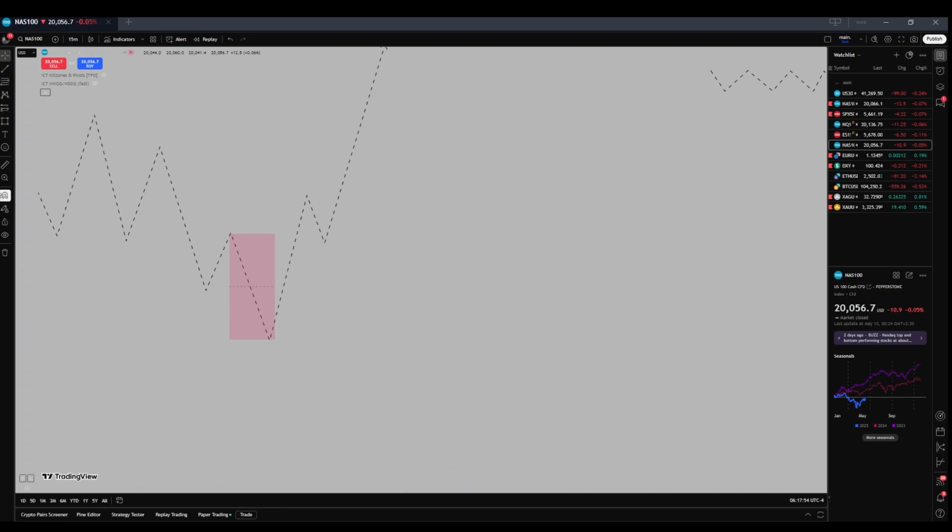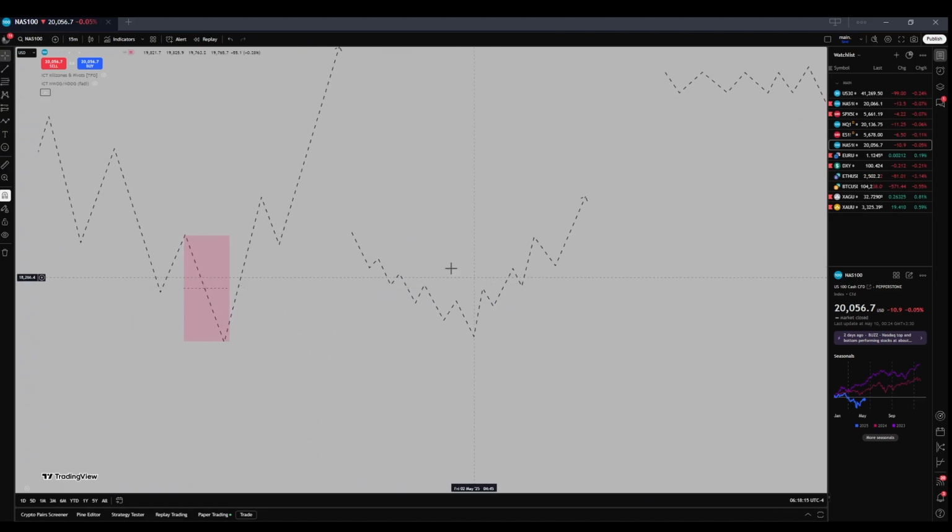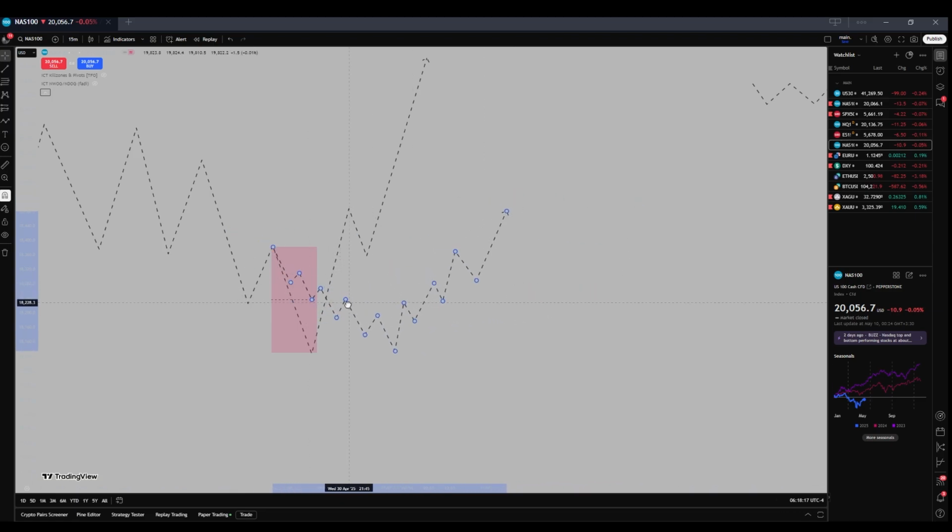Inside this level, I'm going to draw this level again. Inside this level, you could see tinier order blocks. And then this entire movement on a lower time frame looks something like this. This entire down move could look something like this, and then the up move. But on a higher time frame chart, you see this.